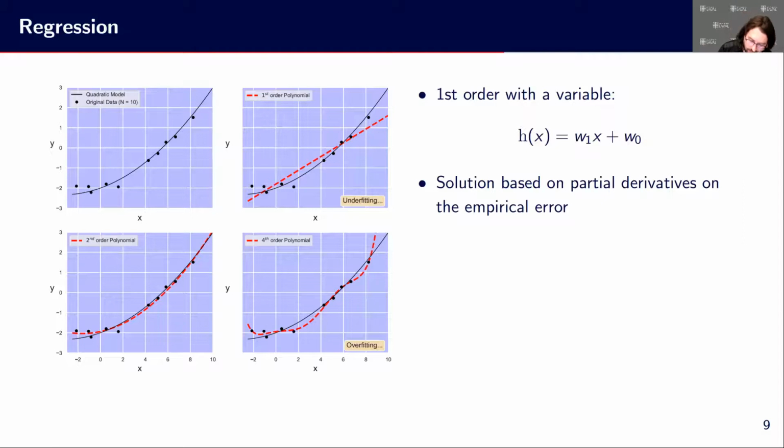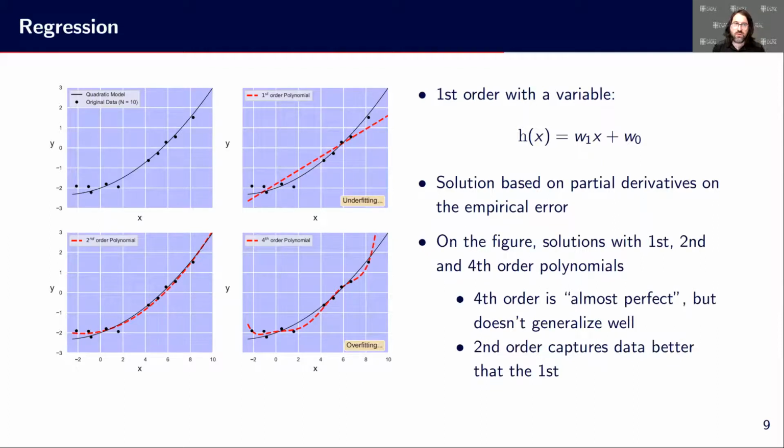In fact, we have the function h over scalar x, which is defined as w1 x plus w0. So this is a super basic linear equation that you know quite well. And then our point is to say, can we estimate the right values of w1, w0 based on the empirical error? So this is the way we can proceed.